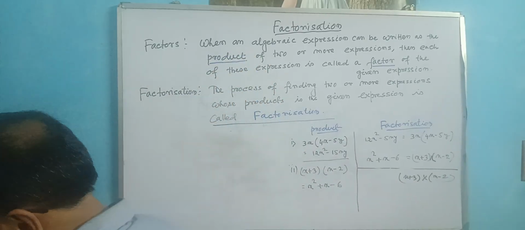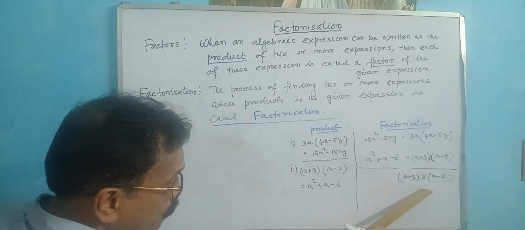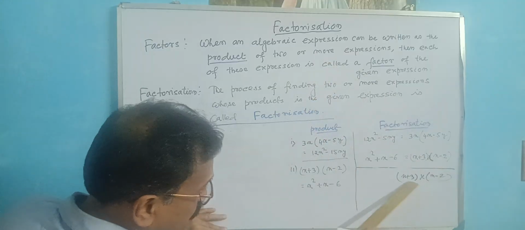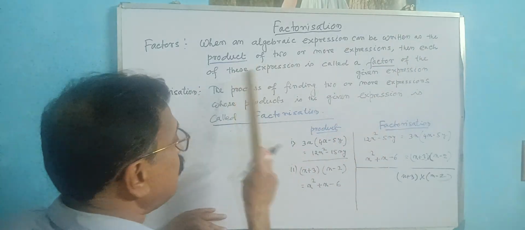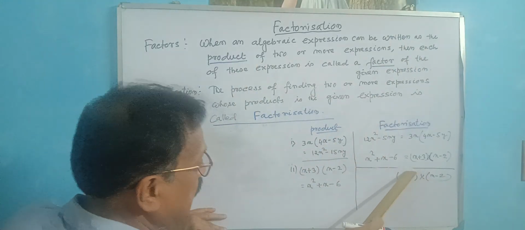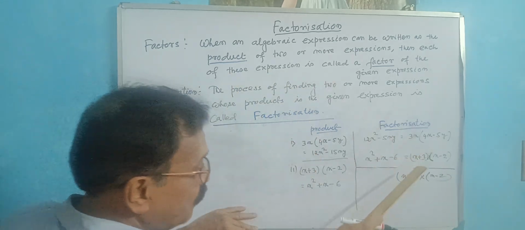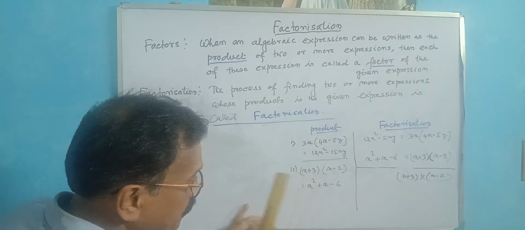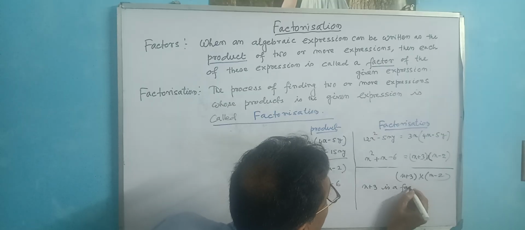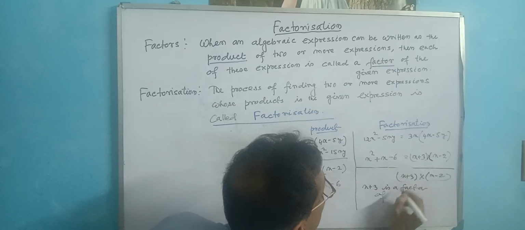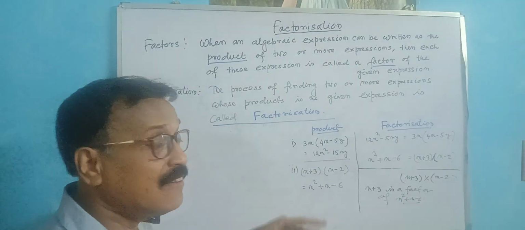When an algebraic expression can be written as the product of two or more expressions, this x plus 3 is an expression, x minus 2 is an expression, then each of these, separately x plus 3 or separately x minus 2, is called a factor of the given expression. That means x plus 3 is a factor of the given expression x square plus x minus 6. Okay, this is a very important thing.